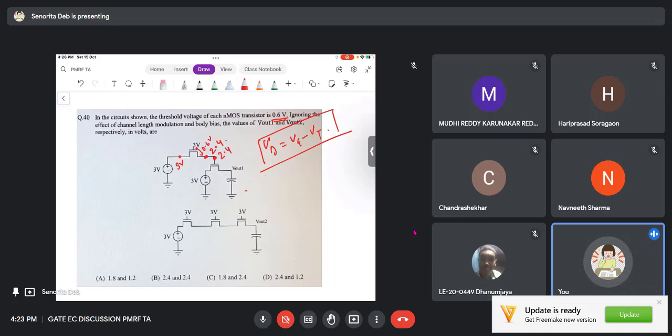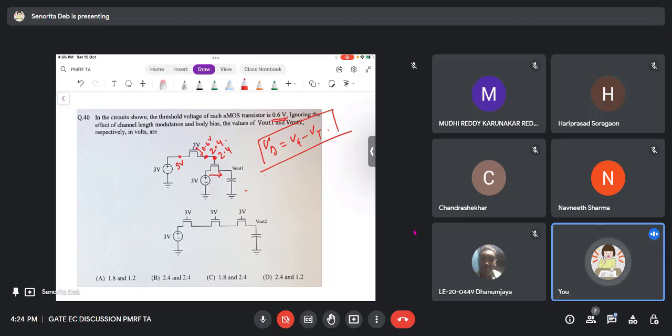So this again will be on, trying to pass, trying to act as a short circuit. But now we are not having an ideal thing. They have given a threshold voltage and all. So again this is 0.6, and 2.4 minus 0.6 will be 1.8. So Vout1 will be 1.8 volts.